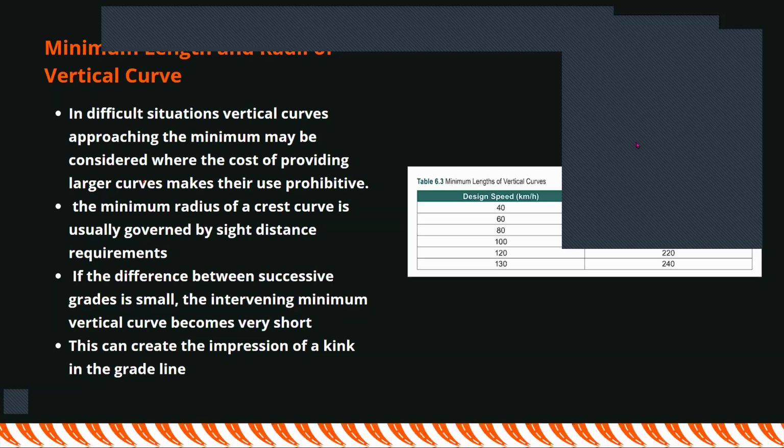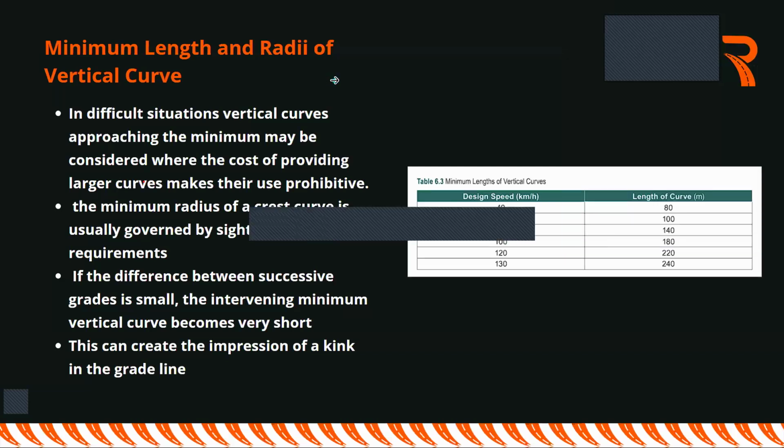So when we talk about this, the aspect is in difficult situations, and I want you to listen to this statement. In difficult situations, vertical curves approaching the minimum may be considered where the cost of providing large curves make their use prohibitive.